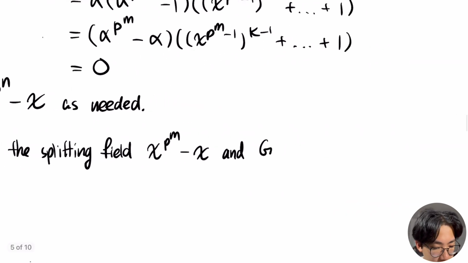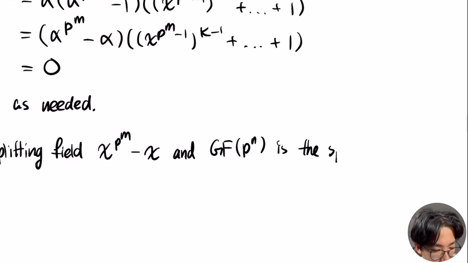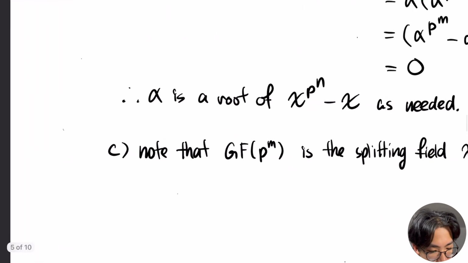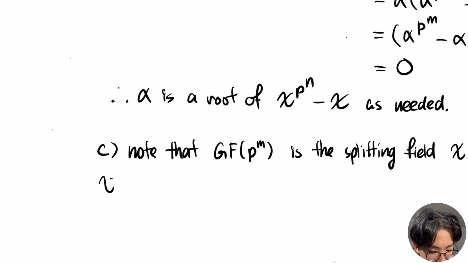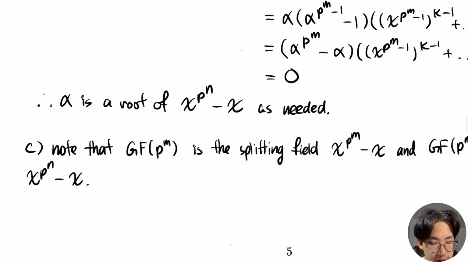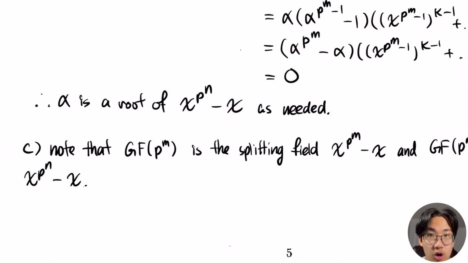The Galois field of p to the n elements is the splitting field of x to the p to the n minus x. And now, more broadly speaking, we know that the splitting field of each of these polynomials is simply Z_p adjoined all of the roots.